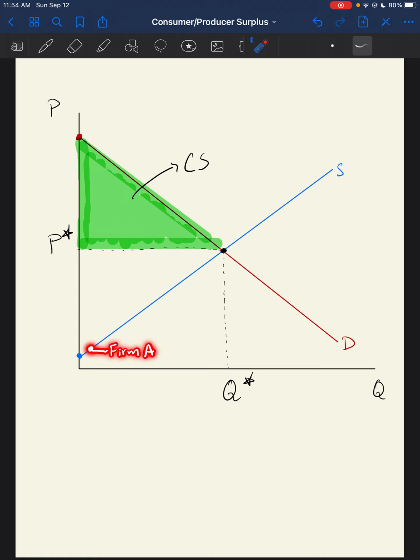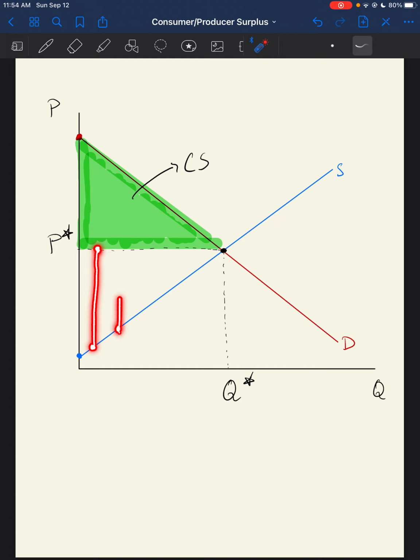Let's say that they can make very cheap computers, because they have high efficiency, or maybe they can obtain the inputs they're going to use to make these computers for a lot cheaper. So their willingness to sell this good is down here. If they're actually receiving this price, the P star, the market equilibrium, then that's their individual producer surplus.